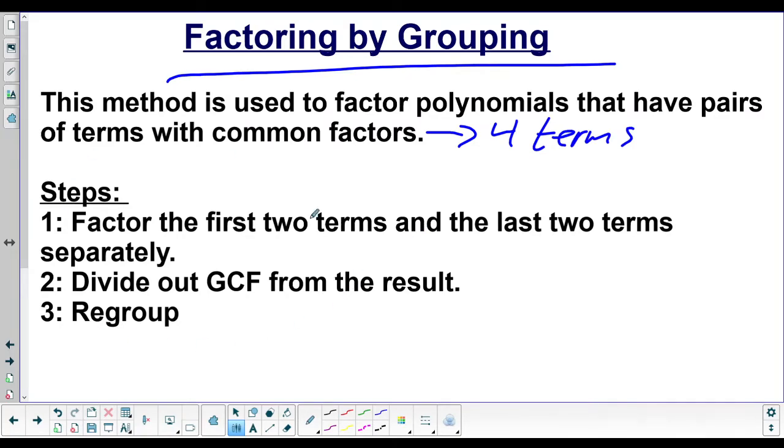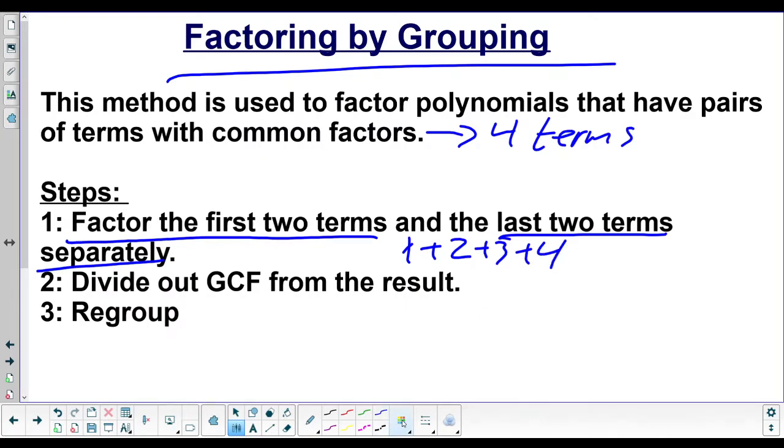Okay, here's the steps we're going to follow. Step 1. We're going to factor the first 2 terms and the last 2 terms separately. So we're going to have 4 terms. We're going to look at them in little baby groups.